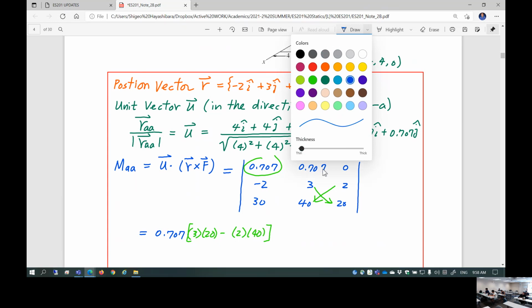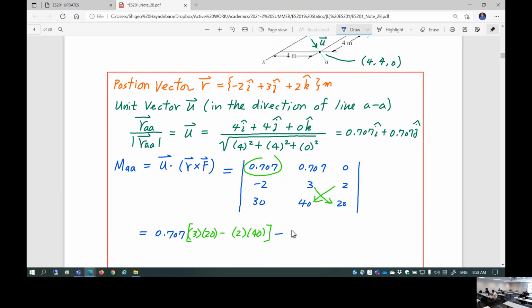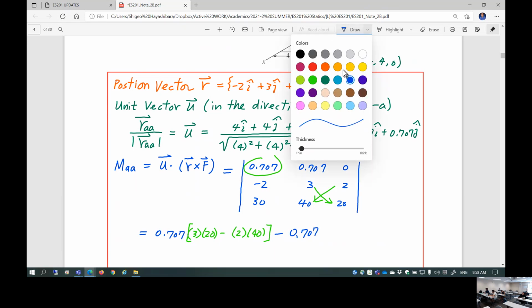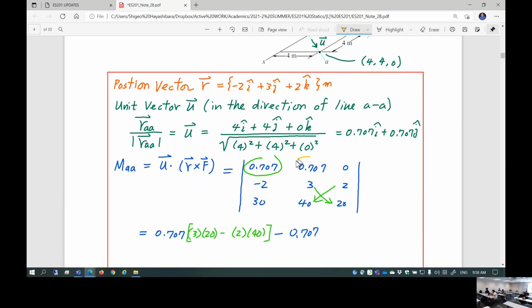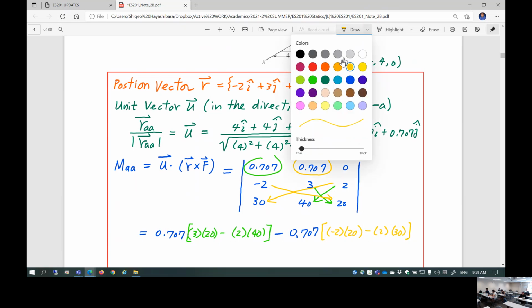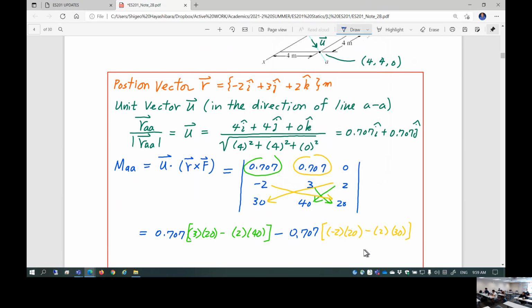Minus this, 0.707 once again times this color here. This times that minus this times that, right? So this is minus 2 times 20 minus 2 times 30. And then z component 0 because it's 0. Plus 0.